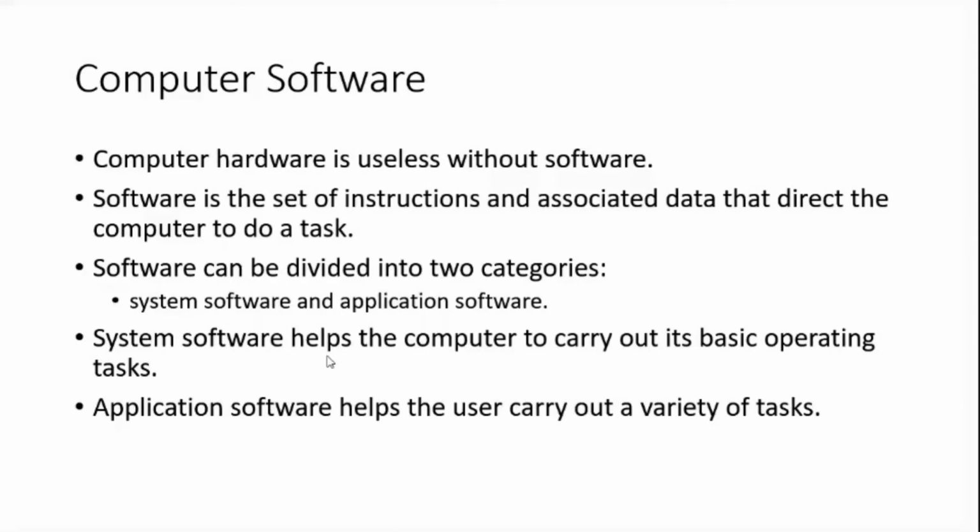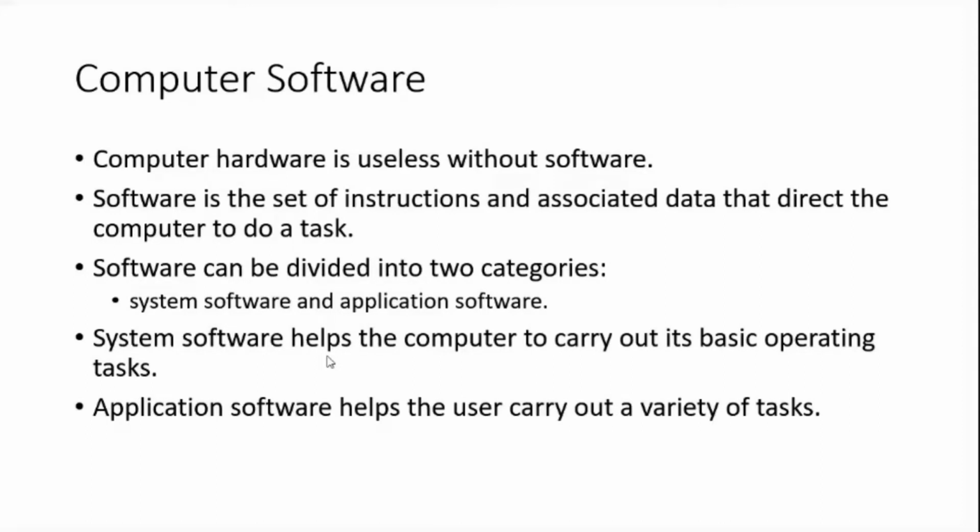When you switch on your computer, whatever comes up is actually system software. Whatever is written inside the ROM, the read-only memory, is the system software. And when a computer is opening up, whatever happens inside the system is because of the system software.